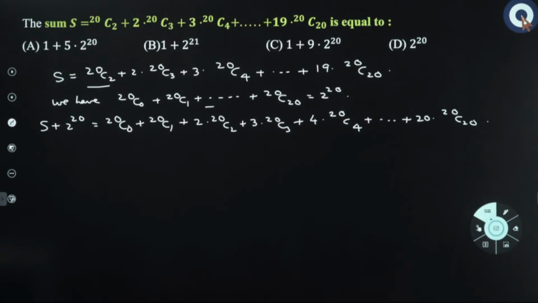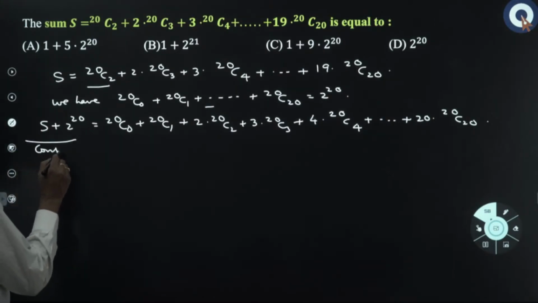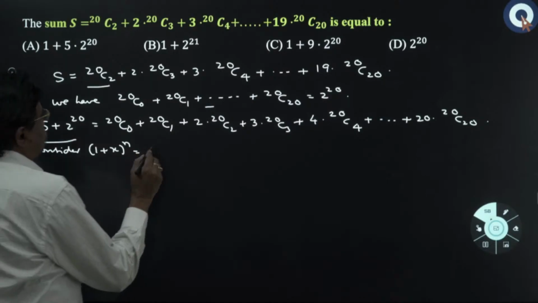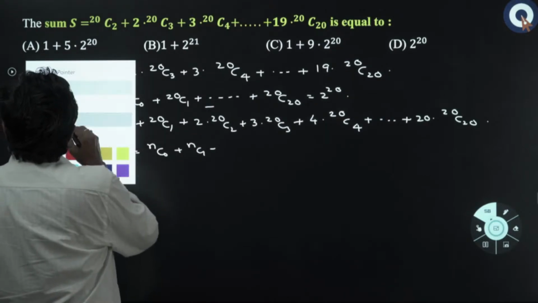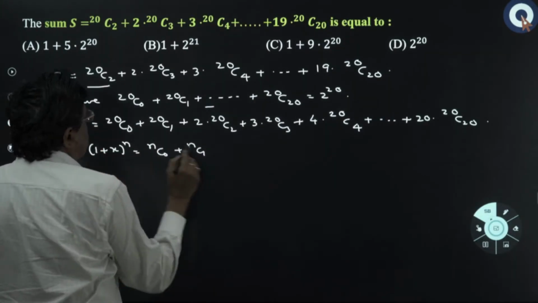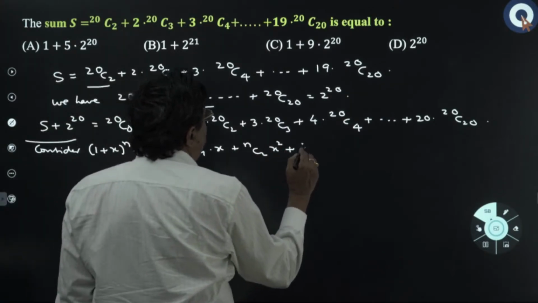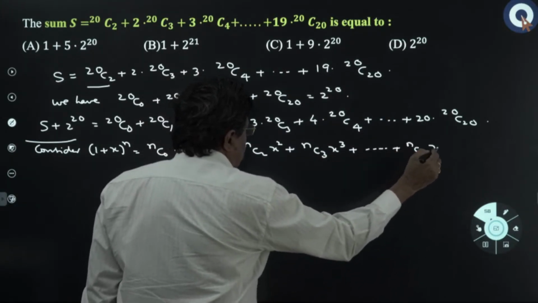So now we consider the (1+x) whole power n expansion, which is nC0 plus nC1 x plus nC2 x square plus nC3 x cube plus so on plus nCn x power n.